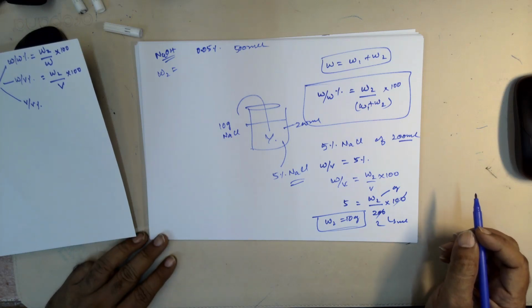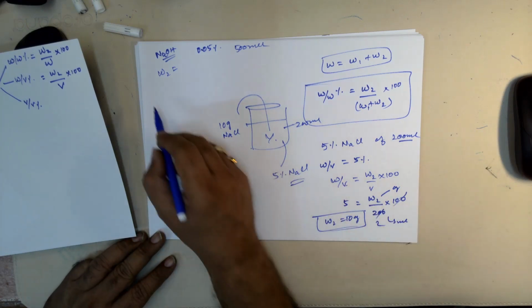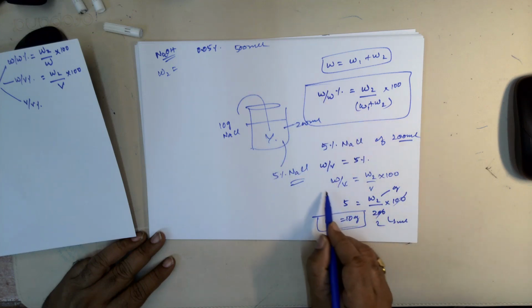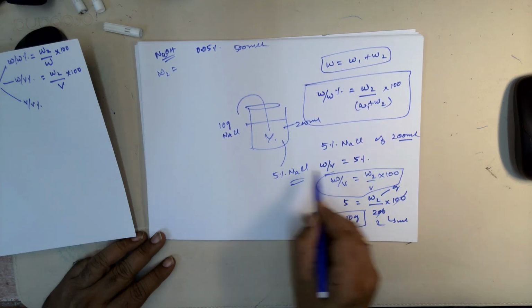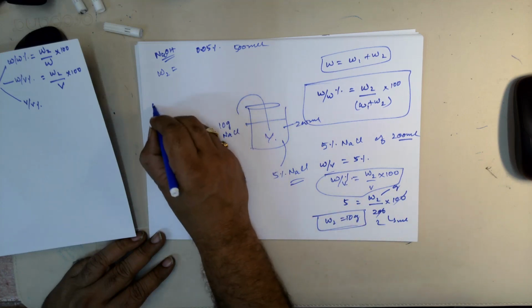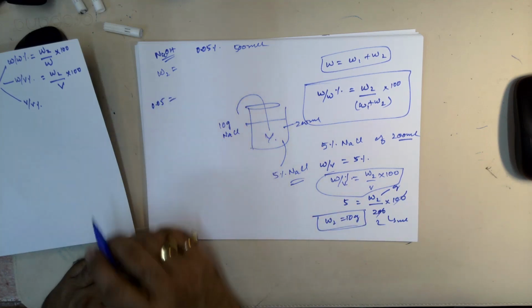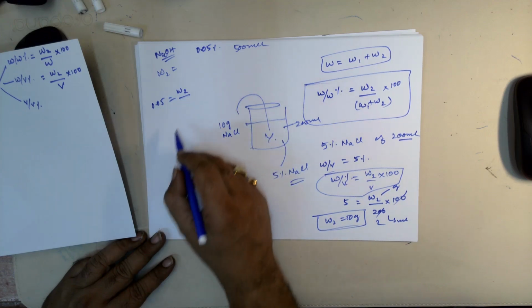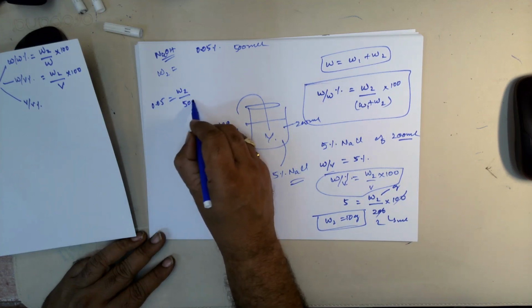So what you can do, let me write. The formula is this one. So you can follow the same. W by V percentage is how much? 0.05. That is equal to W2 upon 500 into 100.